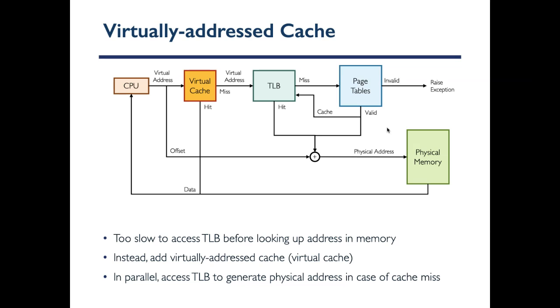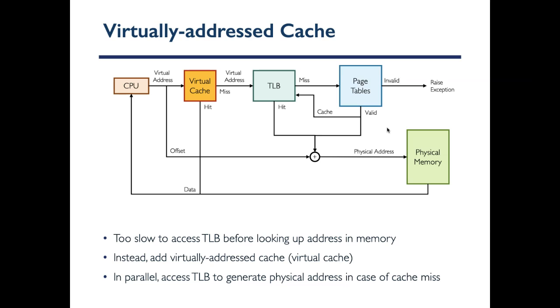Here is another way you can improve. It's called virtually addressed caches. I've already used the concept of caches to speed up translation. Basically, I use the TLB as a cache for address translation. Now let's bring in caches to just cache data, right?